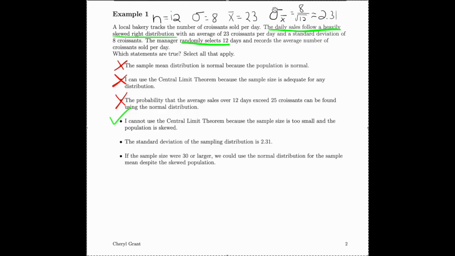In order to do that, remember the formula is you take the standard deviation of the population, which is 8, and you divide by the square root of the sample size, in this case, the square root of 12. And when you put that in on your calculator, you're going to get approximately 2.31. So this would be a true statement.